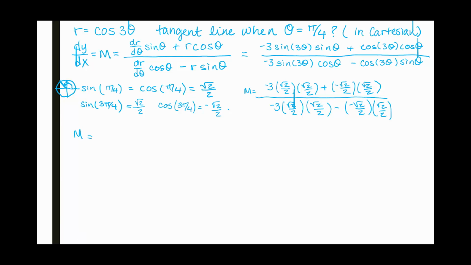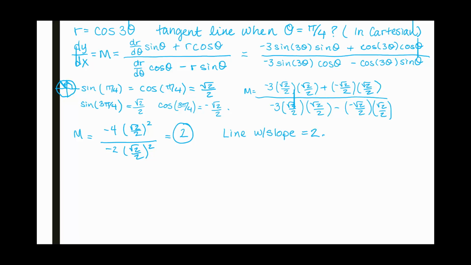Grouping like terms, we can see that m is negative 4 times root 2 over 2 squared divided by negative 2 times root 2 over 2 squared. And therefore, at the end of the day, I actually get that the slope is 2. So I have a line with slope 2.